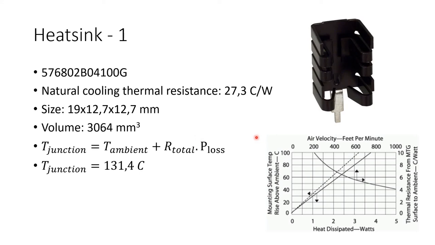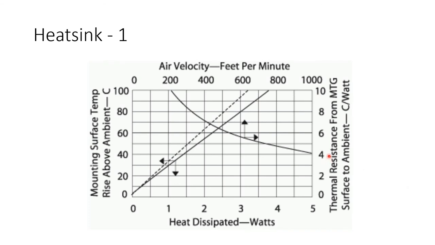When you look at the data sheets of heatsinks, you generally see a graph like this. I want to go into a little bit of detail about this graph, because you will be seeing it in your personal life. This graph actually consists of 2 different graphs.